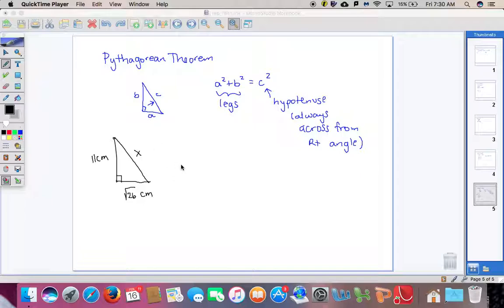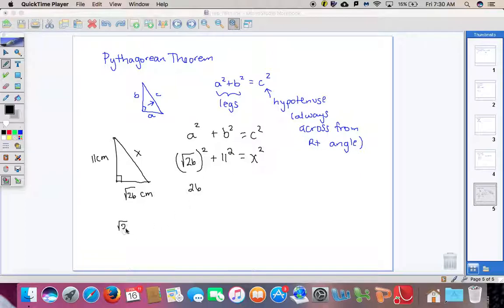So if I substitute this in, I've got the square root of 26 squared plus 11 squared equals x squared. And that's using the Pythagorean theorem, a squared plus b squared equals c squared. Okay, now the square root of 26 squared is simply 26.